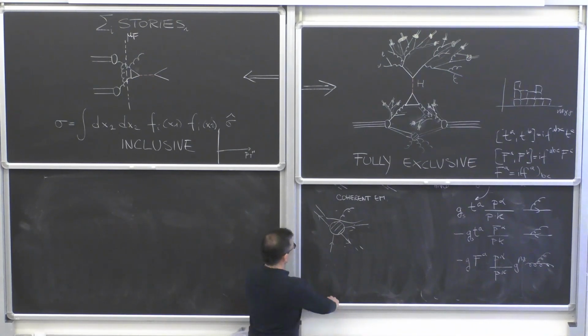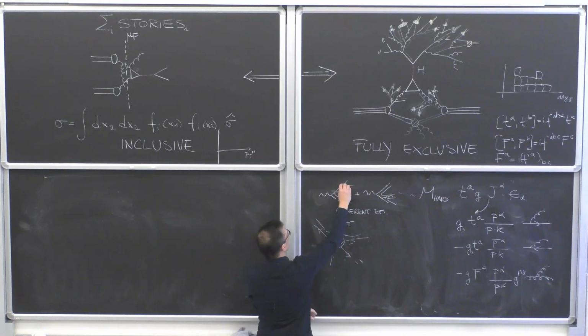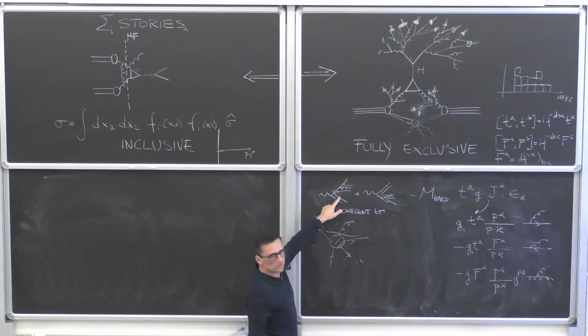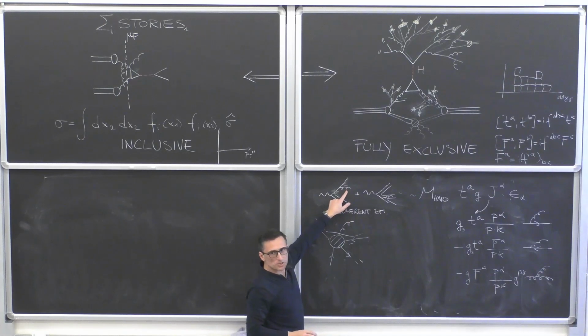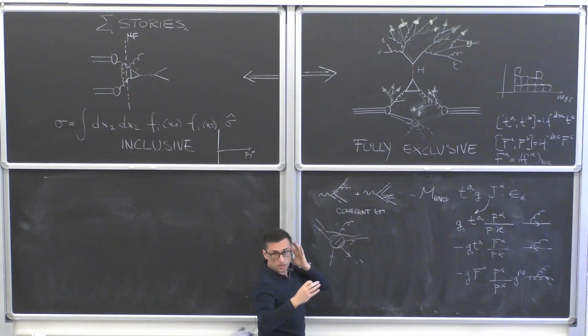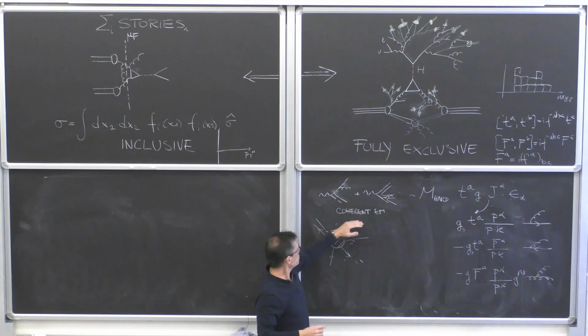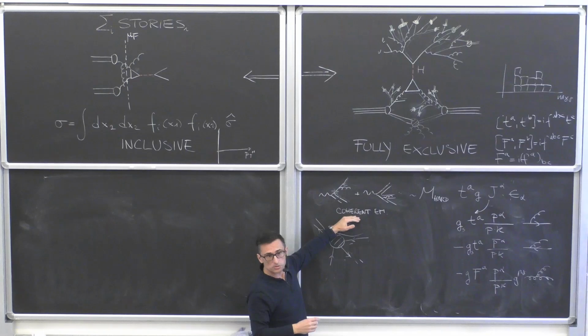So if I now attach soft radiation to this process, I can attach it to this line or to this line. But there is no meaning in saying that I attach it to this gluon because it is attached to both at the same time at the amplitude level, and then when I square, it will interfere. So a soft gluon is non-local, is a coherent object. Okay?